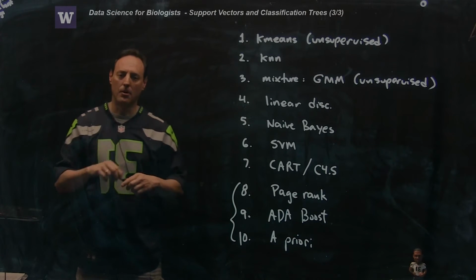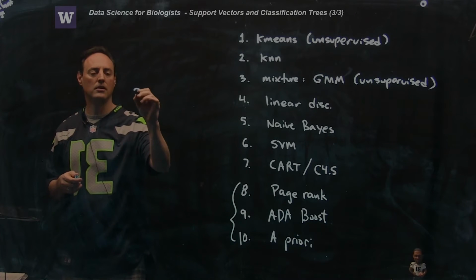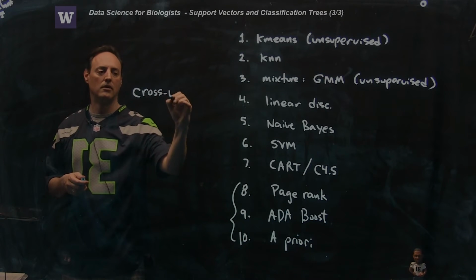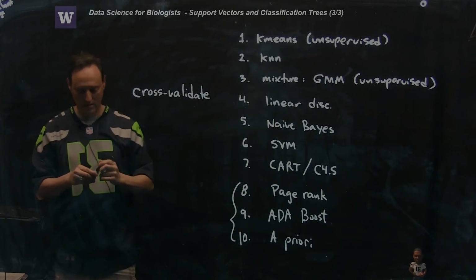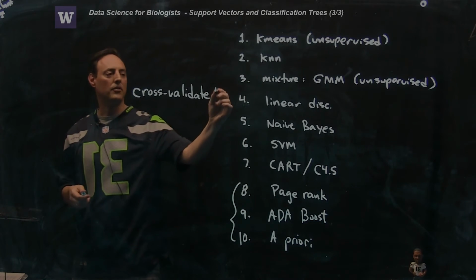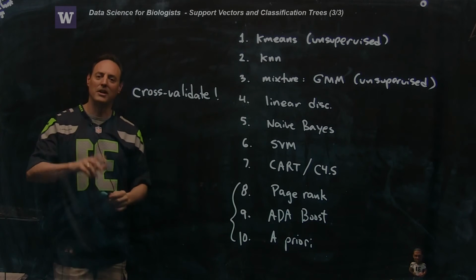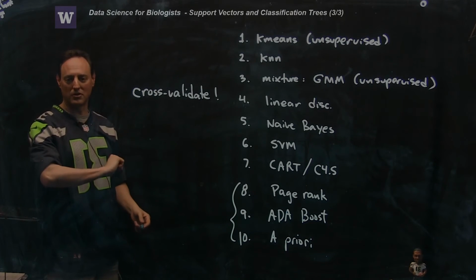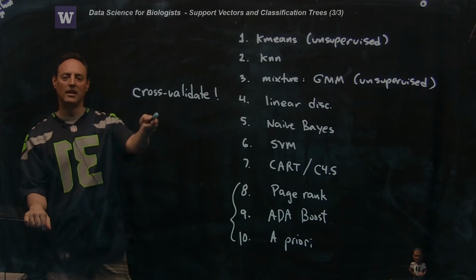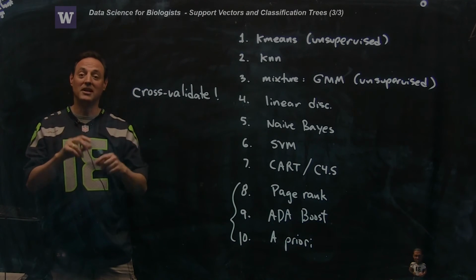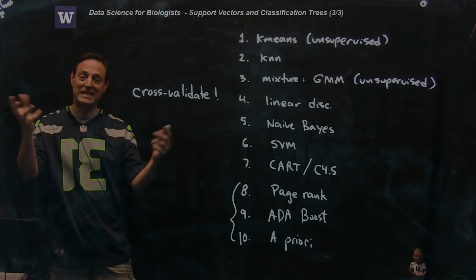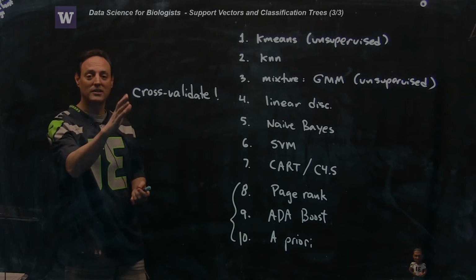Okay. Now, I want to make this last comment. Always, always, always cross-validate your results. And I'm going to say this only once. If you don't cross-validate, you is dumb. That's the only thing that could be said about that. Cross-validation.